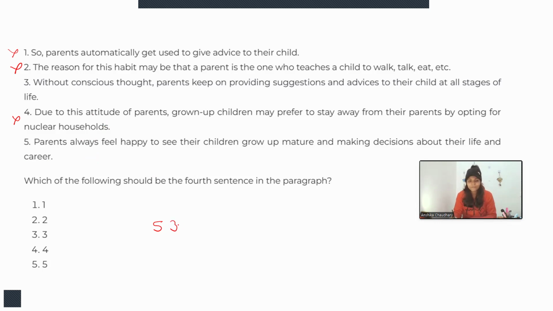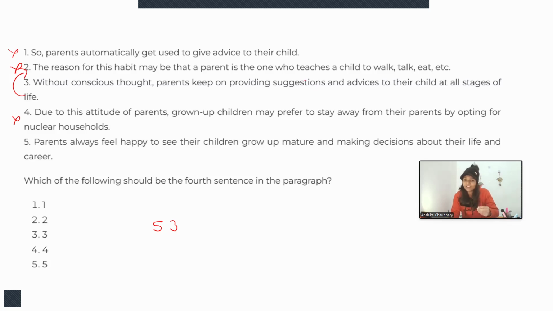So, 5, 3. Then the next, after 5 3 we have done, the next can be: the reason for this habit may be that a parent is one who teaches a child to walk, to talk, to eat, etc., right?